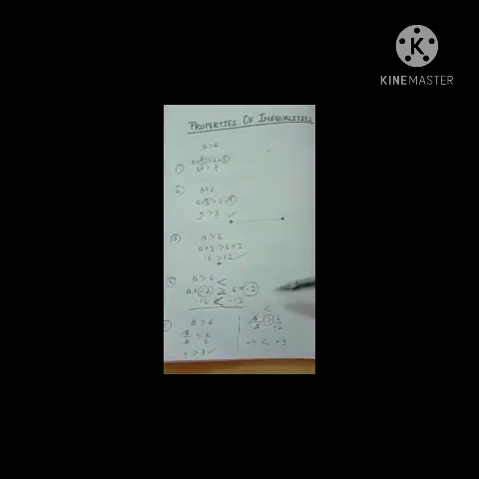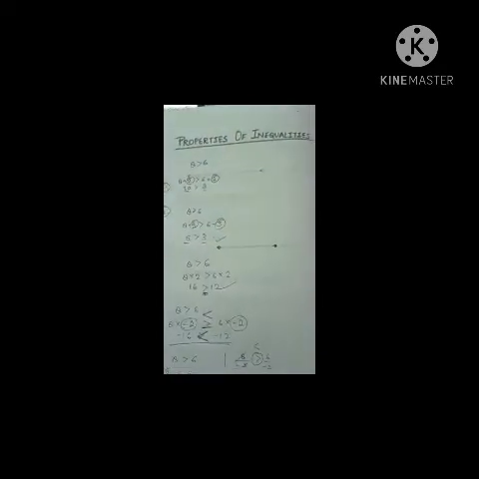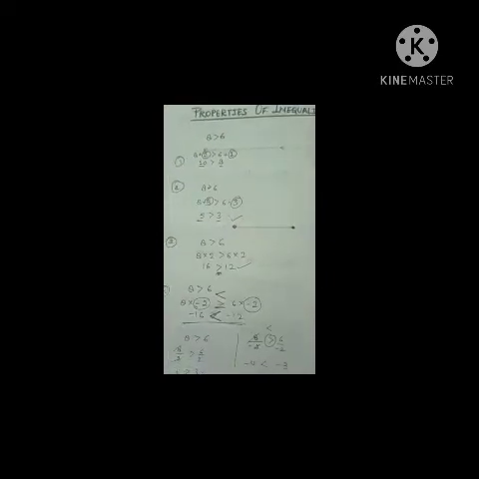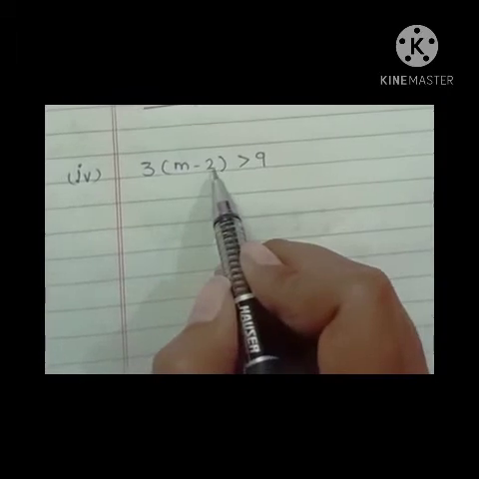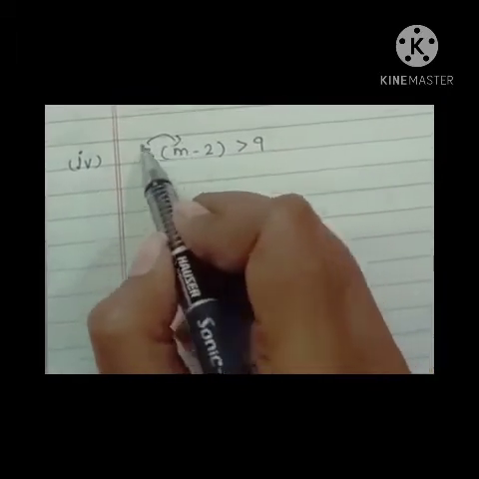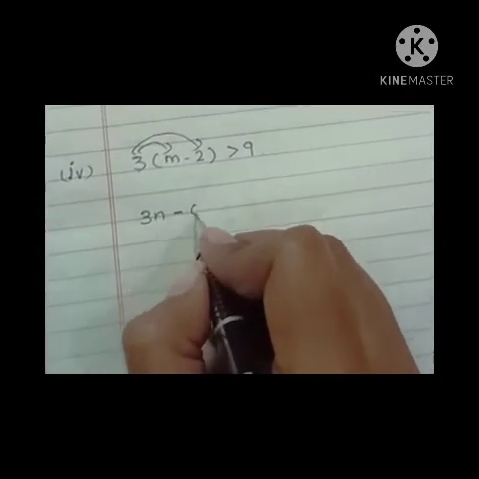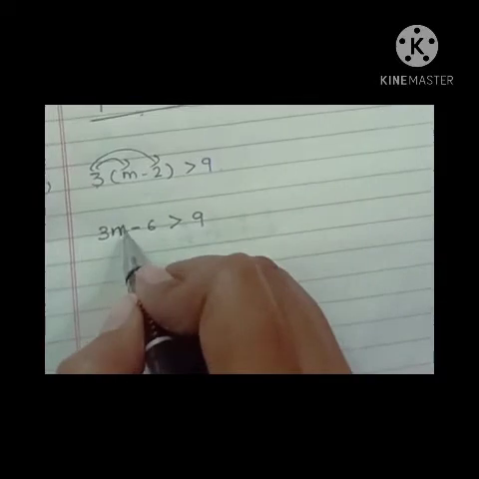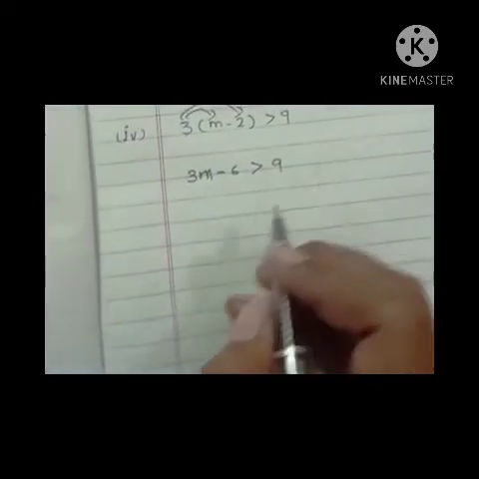Now we use these properties to solve the inequalities in our next exercise, that is 13C. Solve these inequalities. 3m bracket m minus 2 is greater than 9. So first we distribute here. 3m minus 6 is greater than 9. Now to find out the value of m, first we add 6 on both sides.